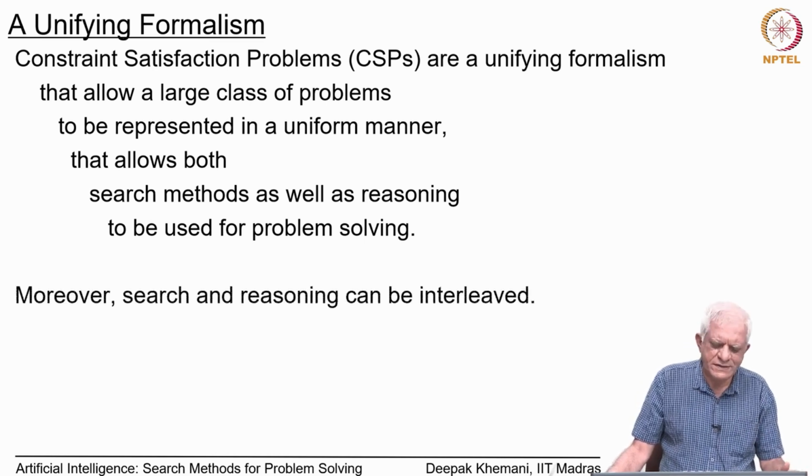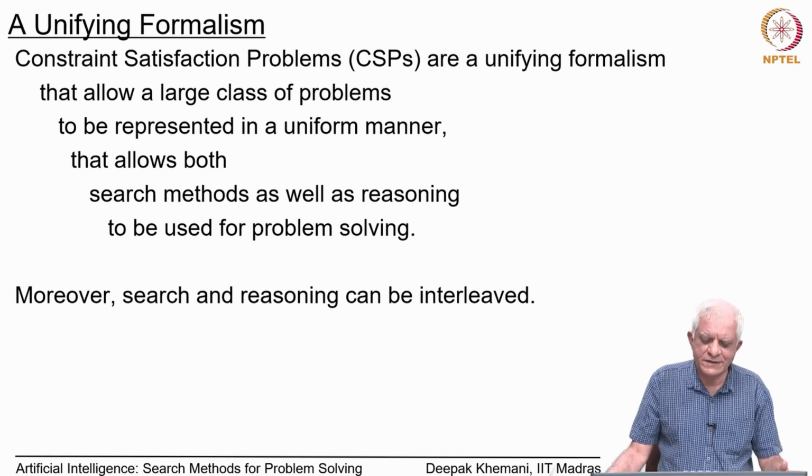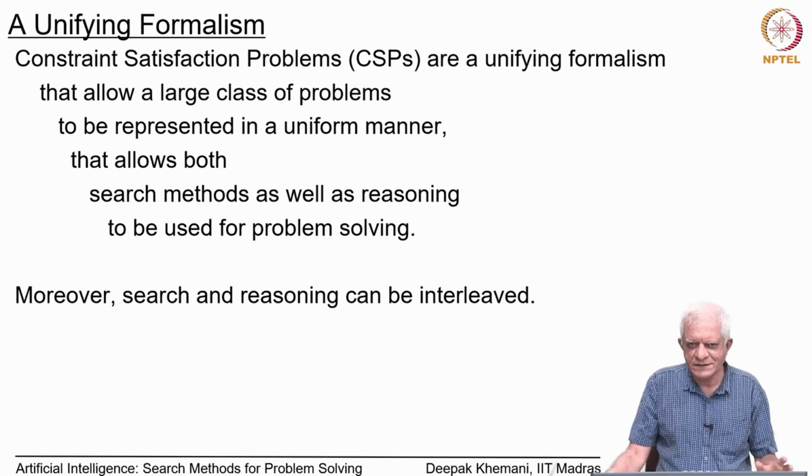What is really interesting about working with CSPs is that you can interleave search and reasoning, that you can do search at some point and reasoning at a different point. We will see this week one algorithm which combines search with reasoning, and we will see search and reasoning independently as well for the same kind of problem.